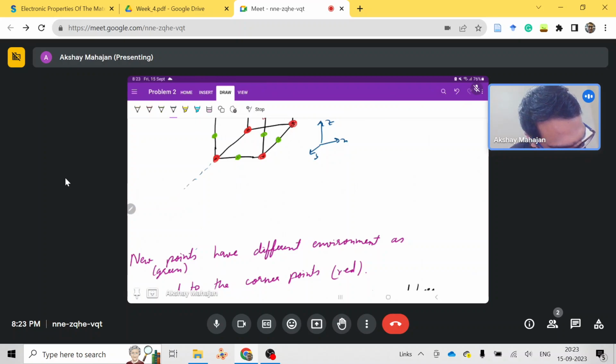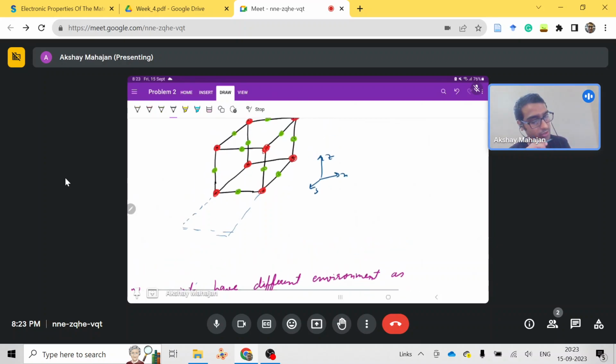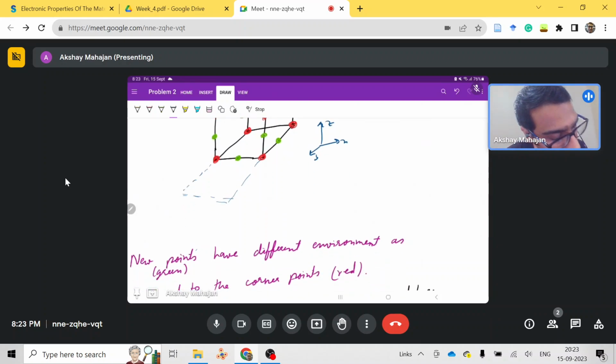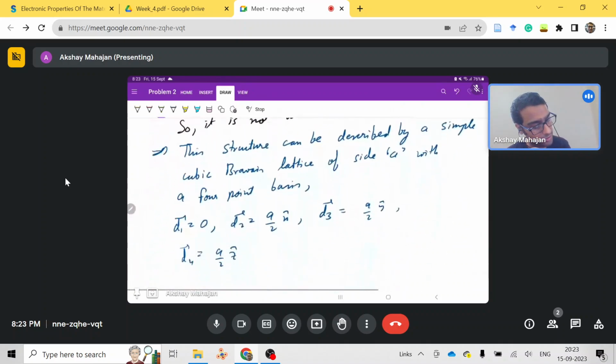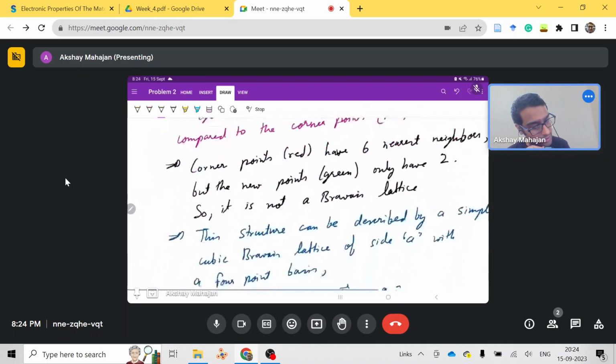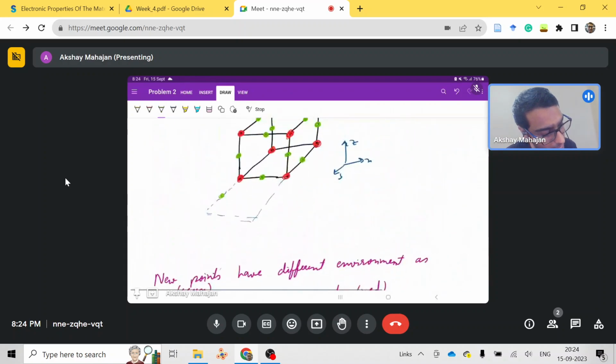So let's say I have extended this cube here. Alright, so there will be a 4-point basis, and there will be a green point here as well. So the d1 vector 0 will correspond to this red point, d2 is a by 2 x cap, then a by 2 y cap is my d3 vector, and this is my d4 vector. Alright, so this will form a basis.